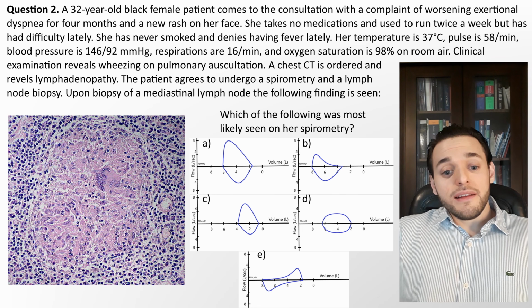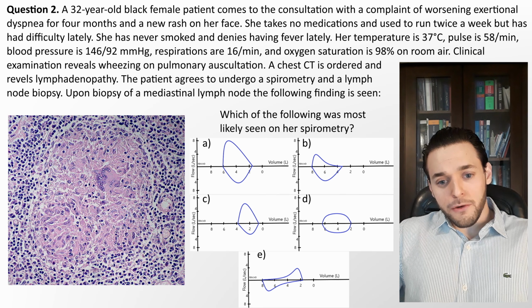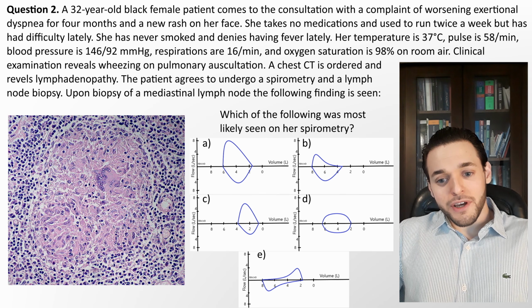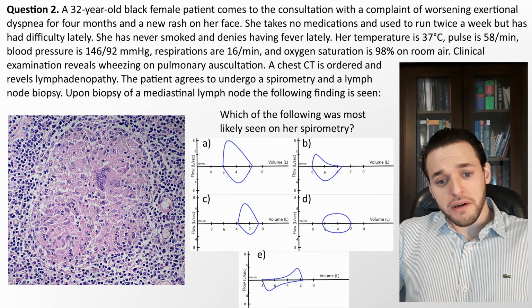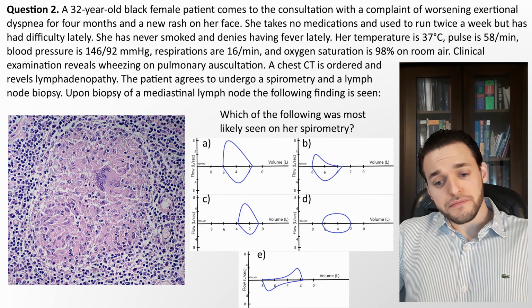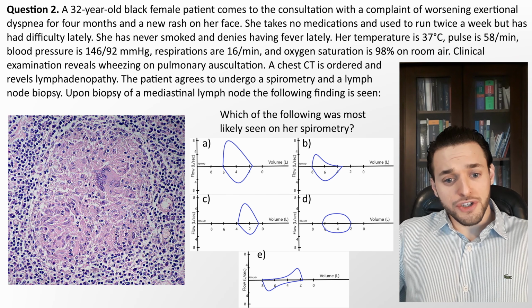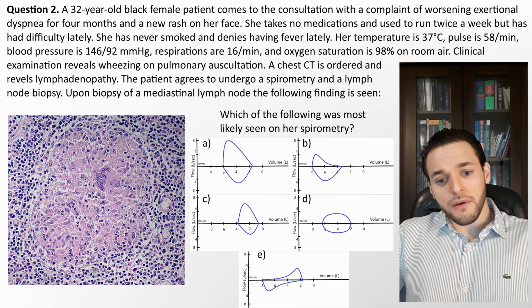A 32-year-old black female patient comes to the consultation with a complaint of worsening exertional dyspnea for 4 months and a new rash on her face. She takes no medications and used to run twice a week, but has had difficulty lately.